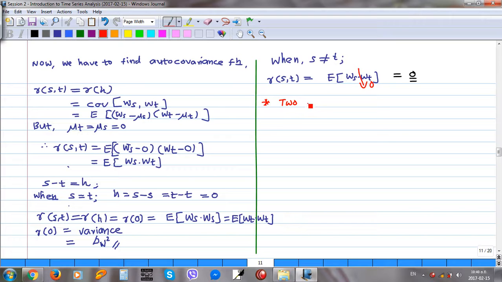Two real valued random variables are said to be uncorrelated if their covariance is 0.